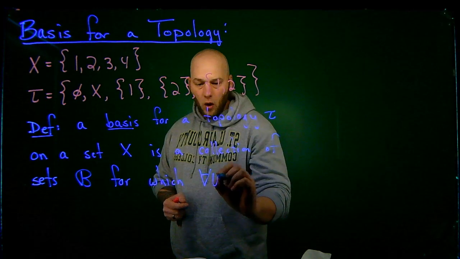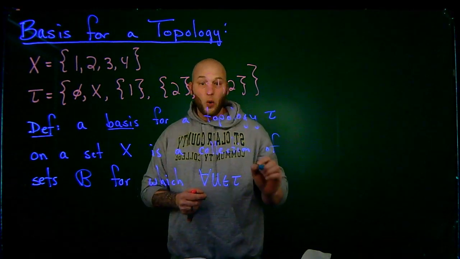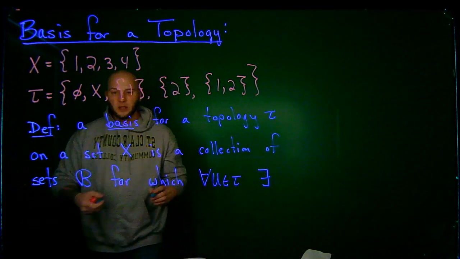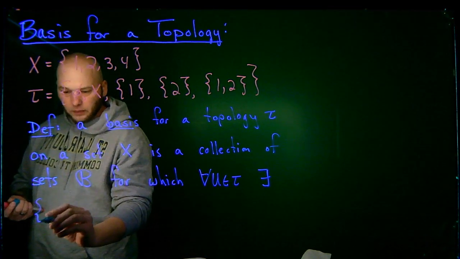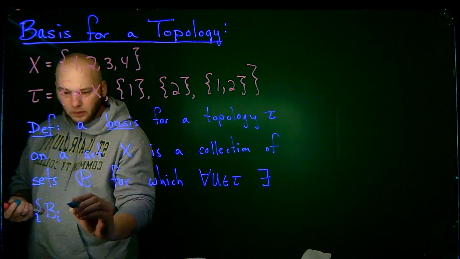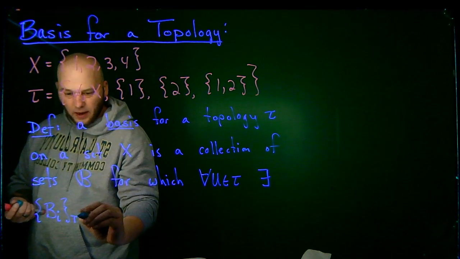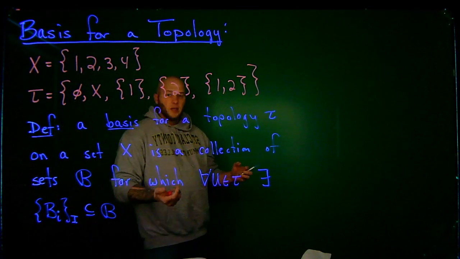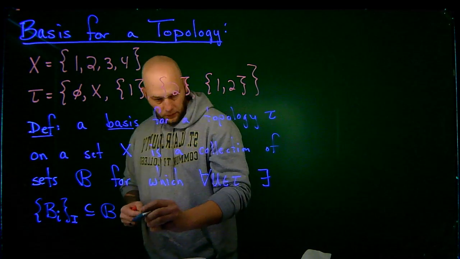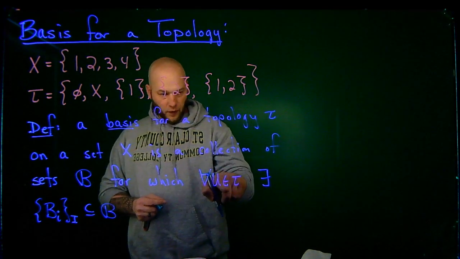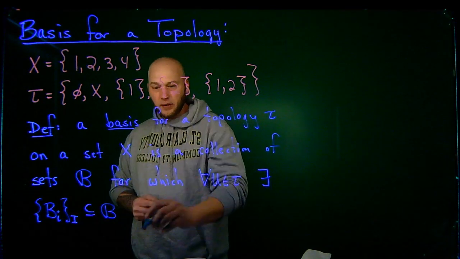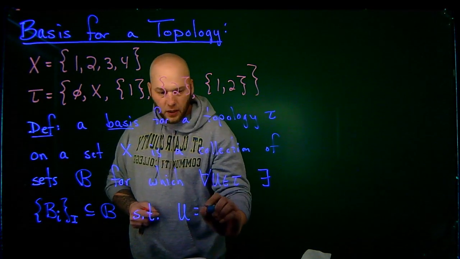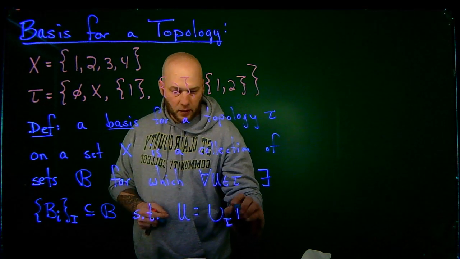For every open set in tau, there exists a collection of elements in B. So there exists, let's say, B_i indexed by the set I, which is a subcollection of B. So in other words, I can take some elements of this basis, such that U is the union of those basis elements.